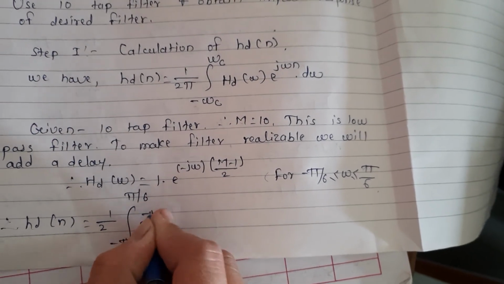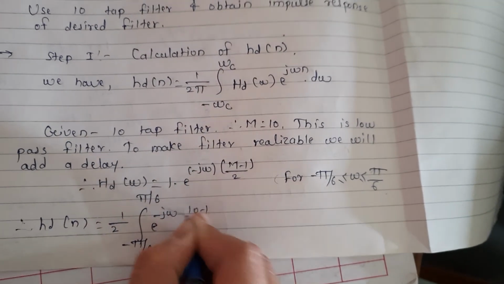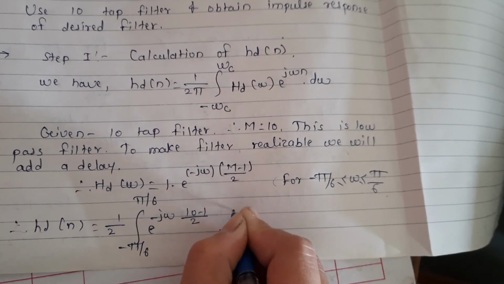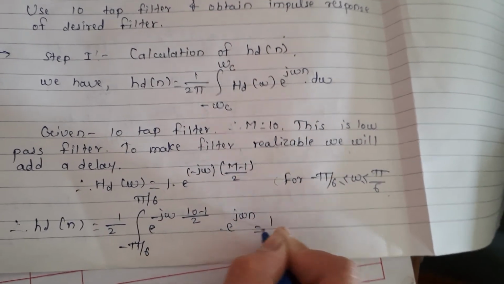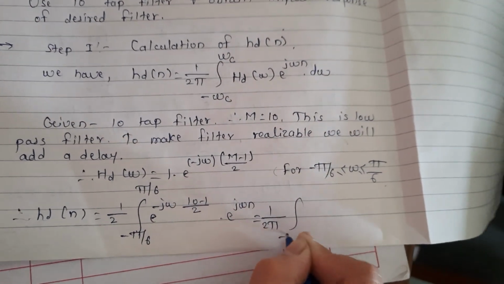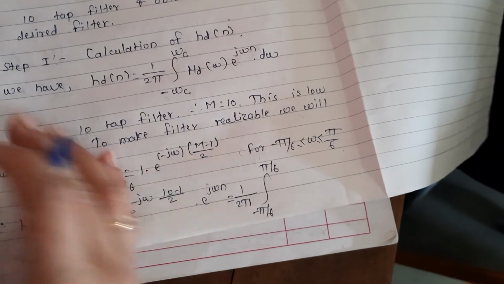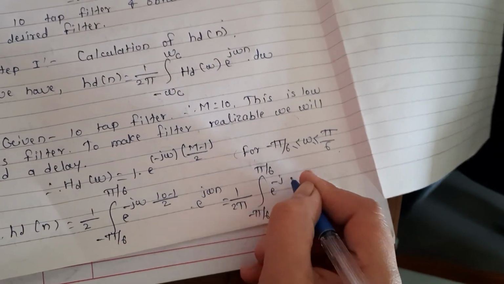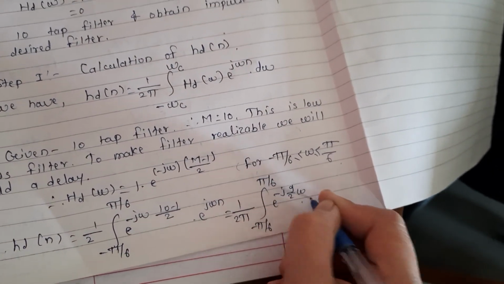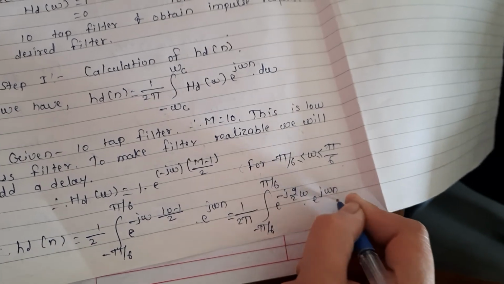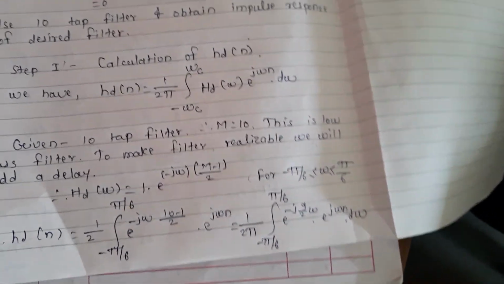e raised to minus j omega into 10 minus 1 by 2, e raised to j omega n, that is equal to 1 by 2 pi integration minus pi by 6 to plus pi by 6 e raised to minus j 9 by 2 omega e raised to j omega n d omega.